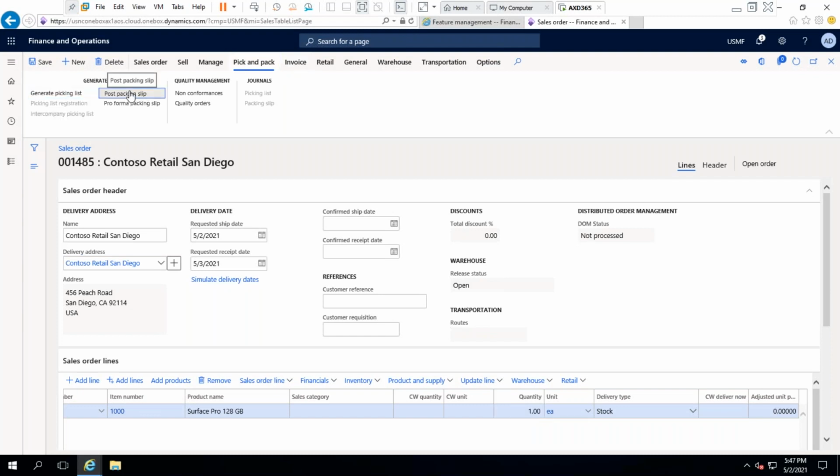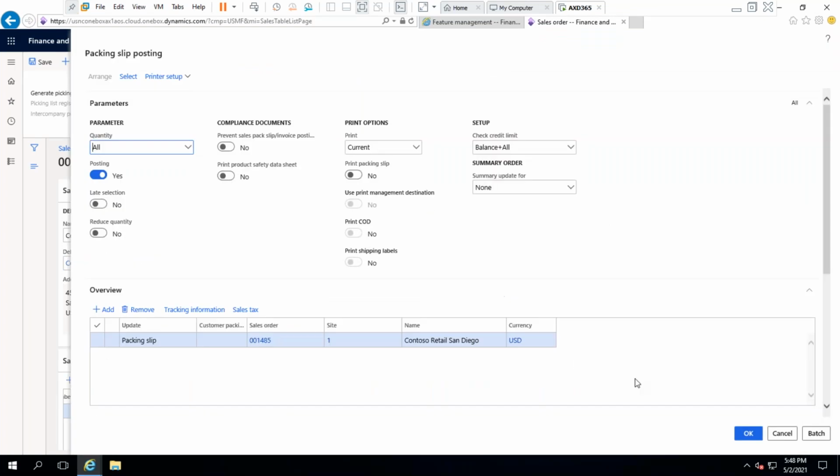So I'm trying to do packing slip. Click OK.